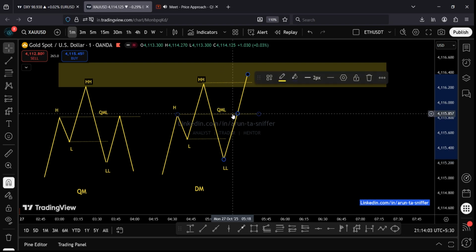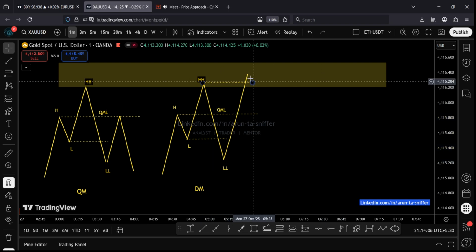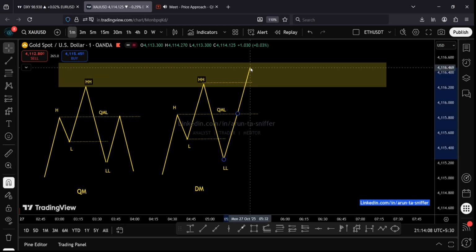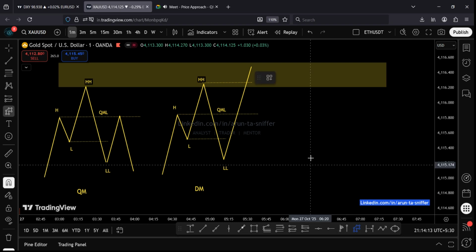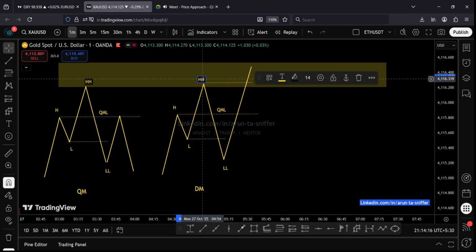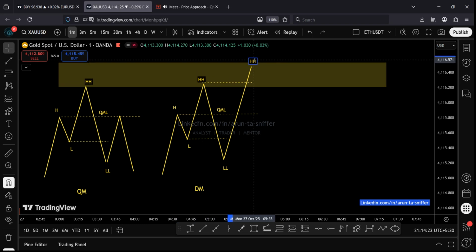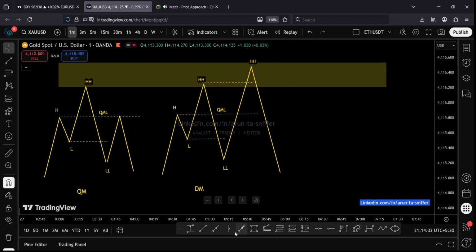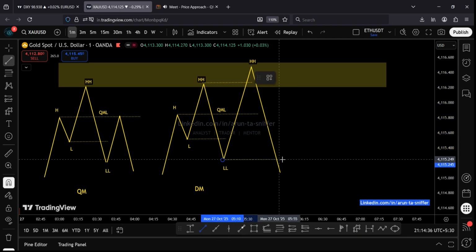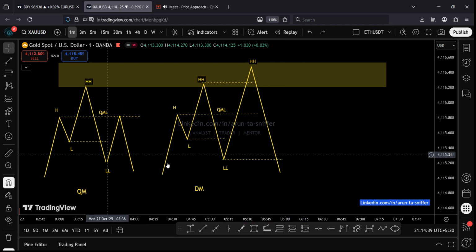Instead of falling from the QM level, it will go back again, cross the higher high and reach the MPL, and then it will fall back again. This makes a higher high here. Another higher high is formed here, and then price falls again from here, breaks this lower low, engulfs it and makes another lower low here.